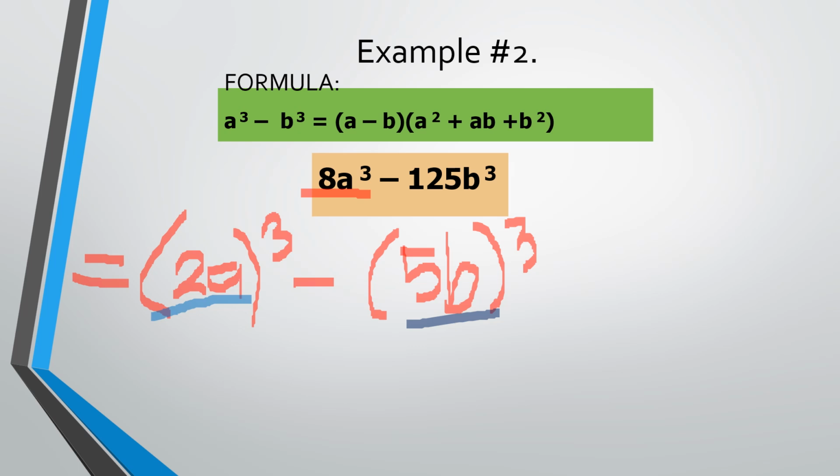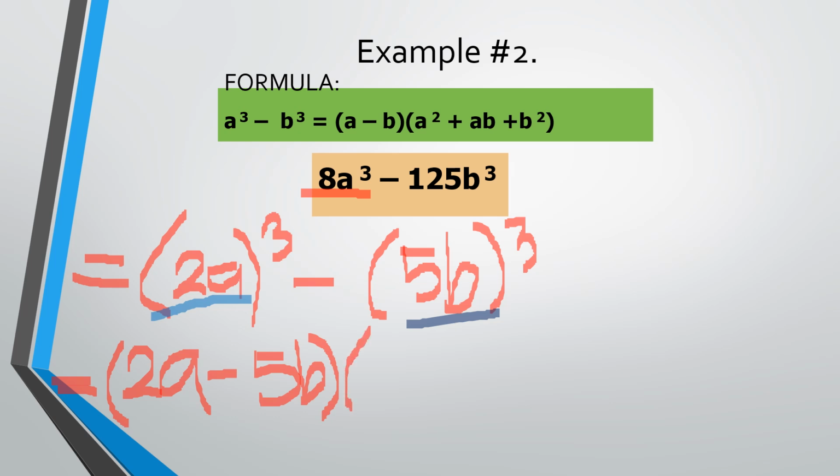After that, let us now apply the rule. We have a minus b, which means we have here 2a subtracted by 5b. And then you close it, open parenthesis. We have here a squared. It means we have 2a times 2a. So 2 times 2 is 4, a times a is a squared.